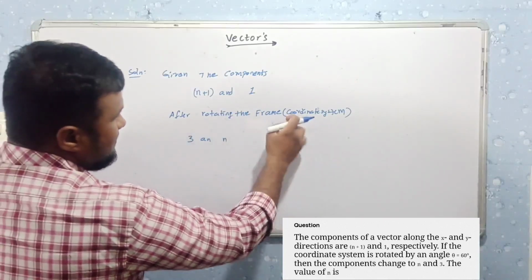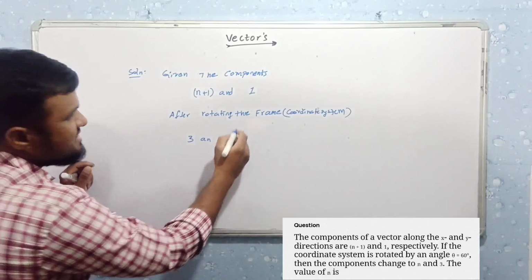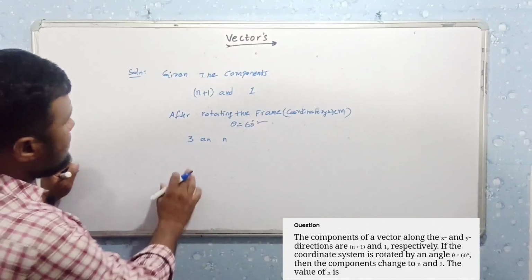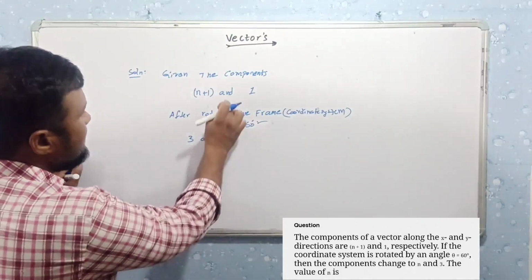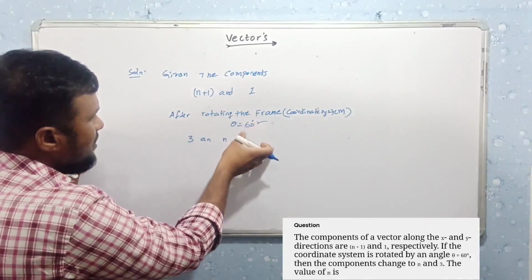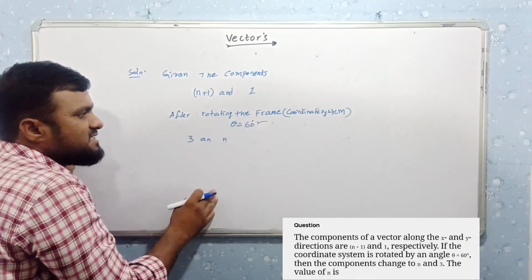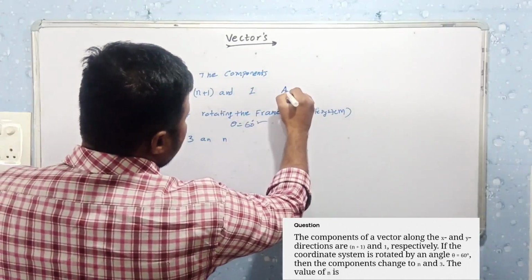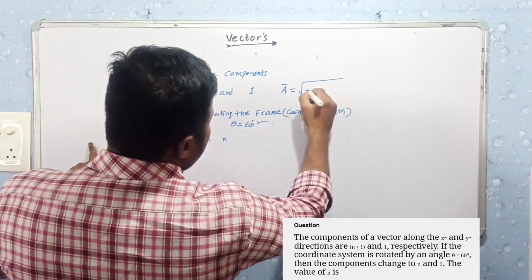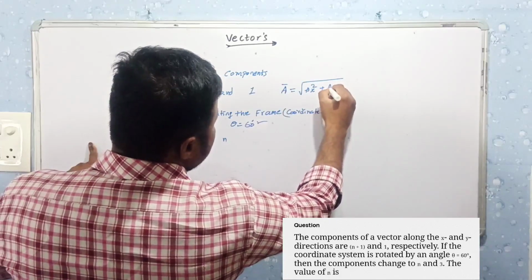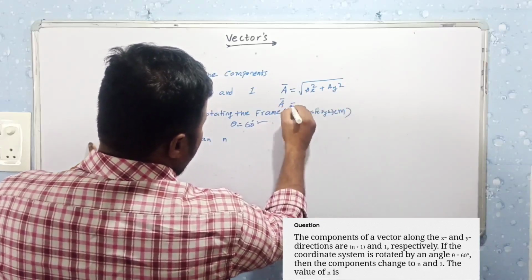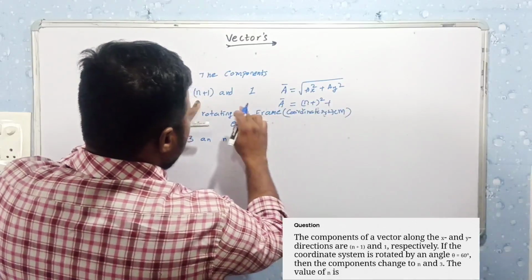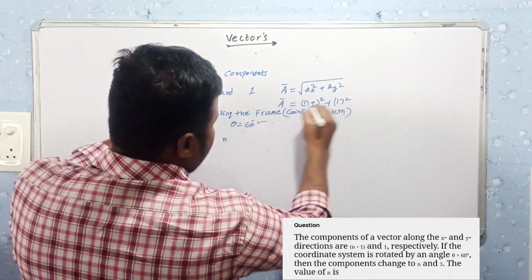After rotating the frame, that is the coordinate system, by what angle did they rotate? Theta is equal to 60 degrees. We do not need that here. So according to the concept, by rotating the coordinate system the vector direction does not change. So taking the vector, a bar is equal to root over ax square plus ay square, that is a bar is equal to root over n plus 1 whole square plus 1 square.